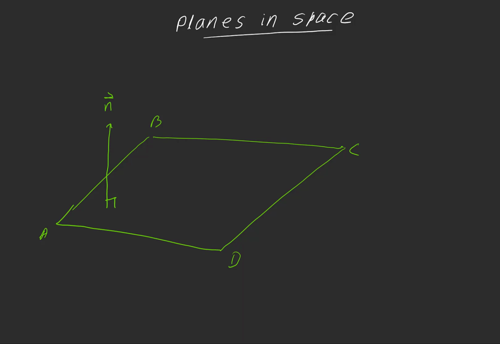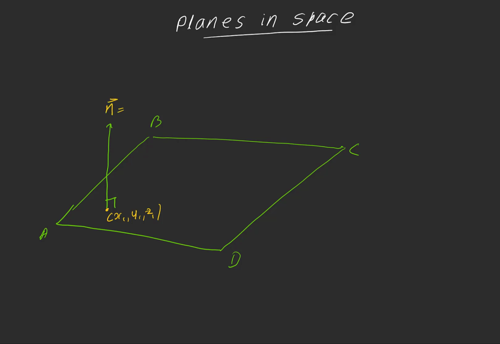So the plane containing the point x1, y1, z1. I use this point as x1, y1 and z1, and having normal vector n. Yes, we have normal vector n.